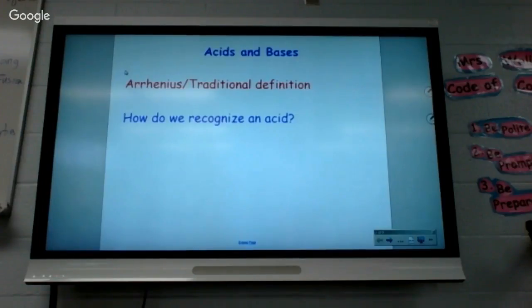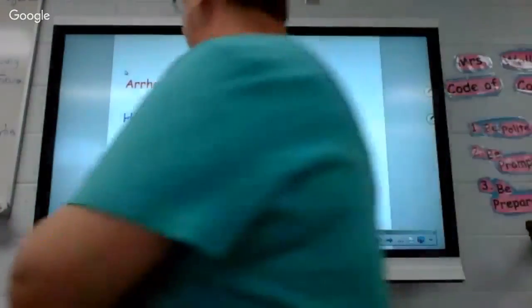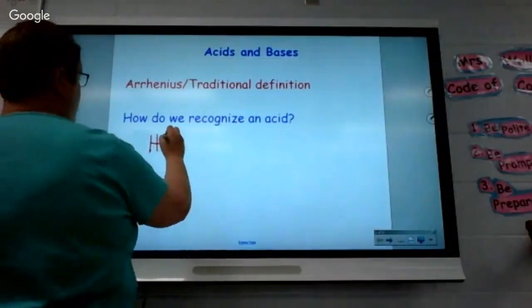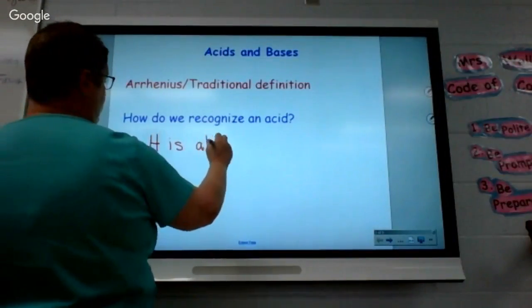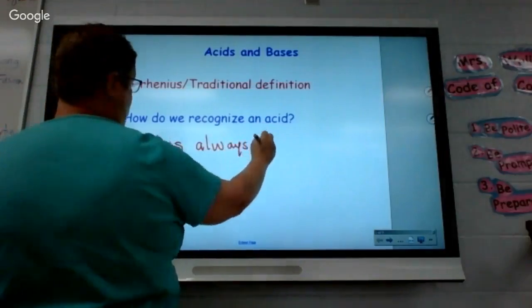Now, how do you recognize a traditional acid? Everybody knows this. It starts with an H. Where's the H got to be? At the front. So in order to be a traditional or Arrhenius acid, the hydrogen is always first.